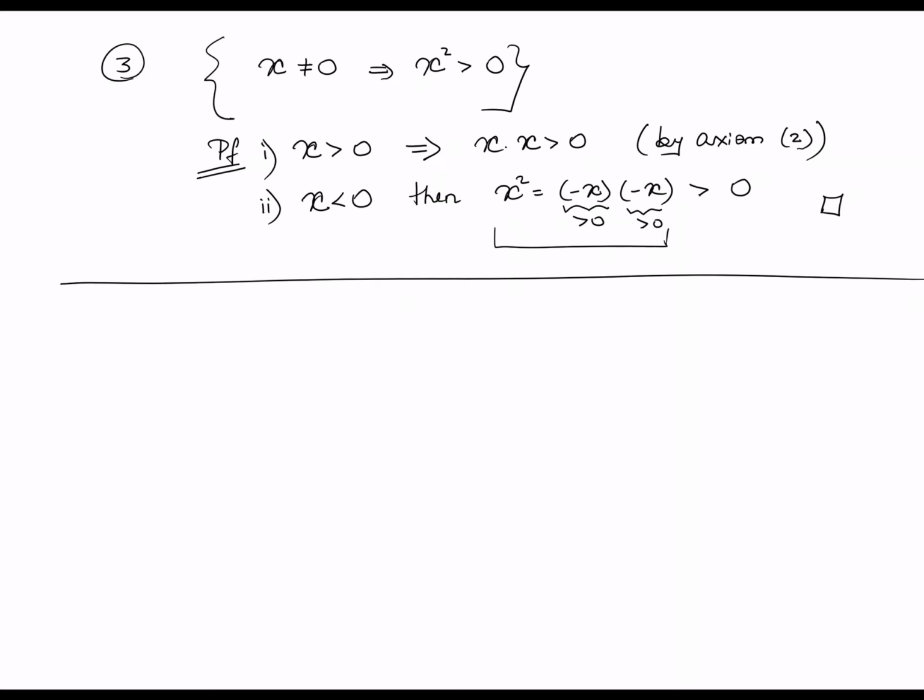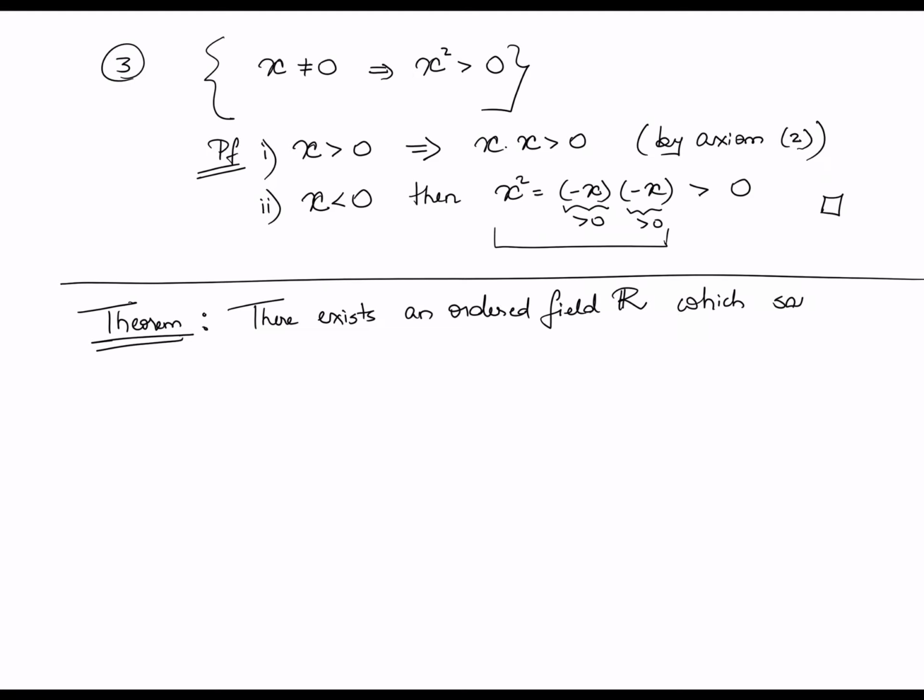Now that I have formally defined an ordered field, I'm going to tell you what is R. This is our first big result, which unfortunately we won't prove. There exists an ordered field R which satisfies the LUB property.